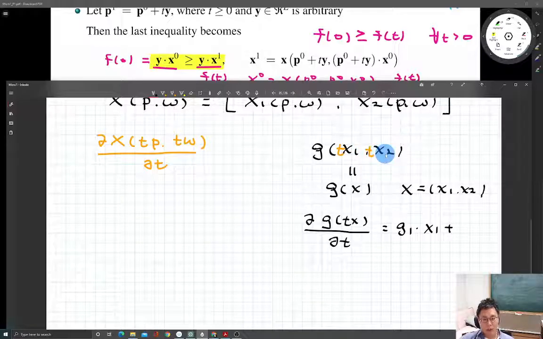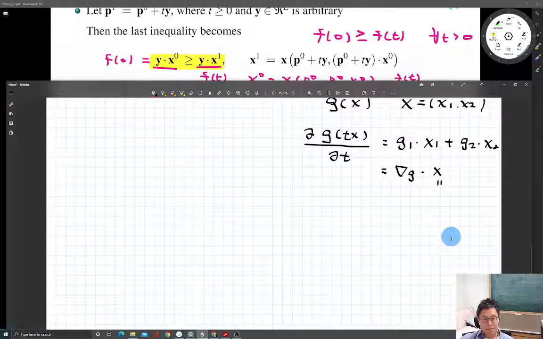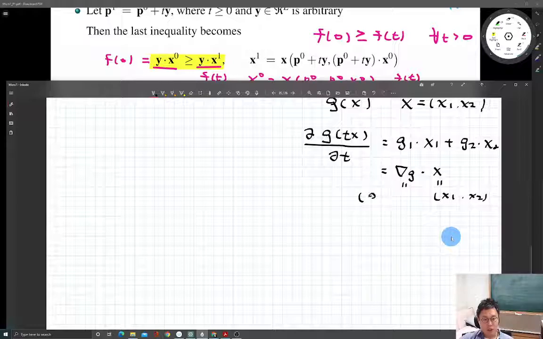So that will be captured by g sub 2 times x2. That is the basic idea of a total derivative, and it can be written as the gradient vector of g dot product vector x. So this vector x is x1 and x2, and the gradient vector of g is g sub 1 and g sub 2, the collection of the partial derivatives.